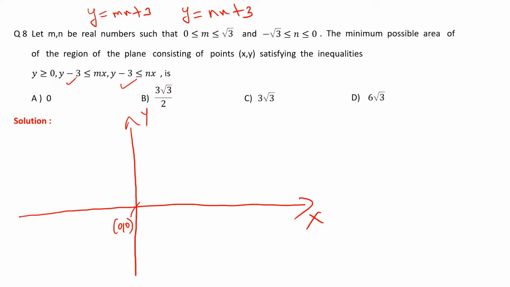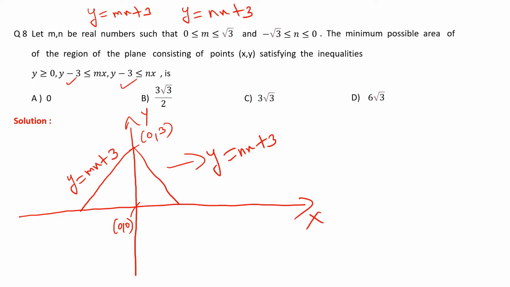Fine. And its y-intercept is 3 units. That means it is going to intersect the y-axis at the point 0, 3. And we can just draw it like this. y equal to nx plus 3. Fine. Similarly, this is another line having positive slope and passing through the same point 0, 3.